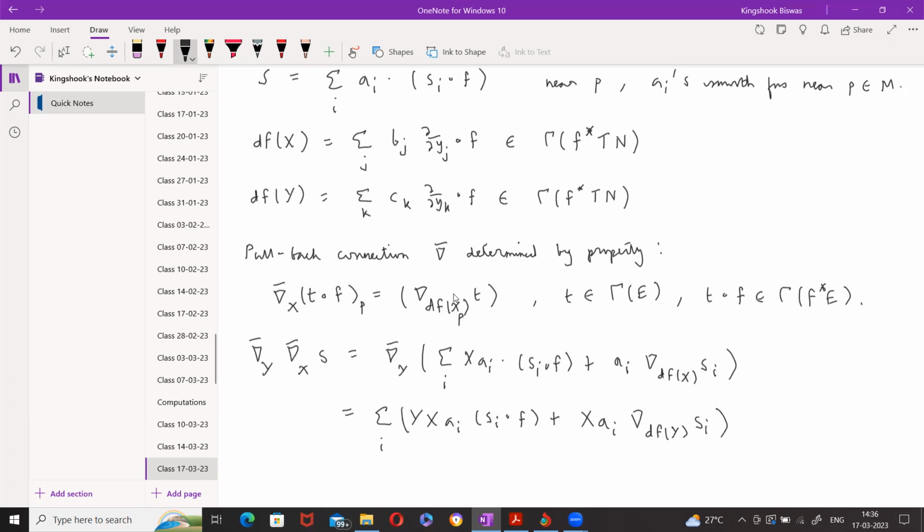So this part is nabla bar_Y acting on the first term, and then you have it acting on the second term.